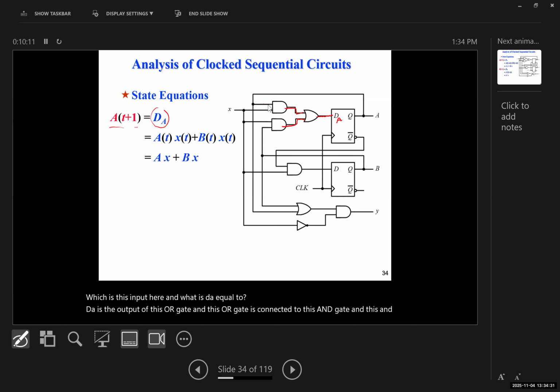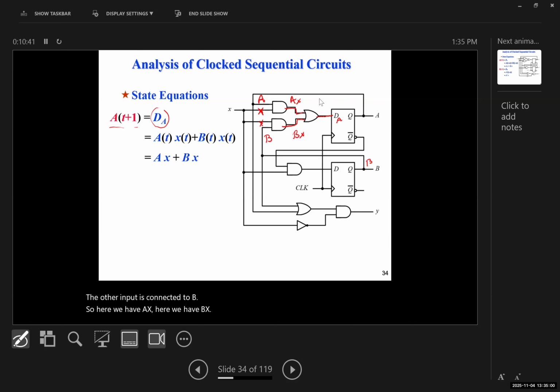Now, what is the input of this AND gate? One input is connected to A. The other input is connected to what? X. And what about the second AND gate? Again, this is X, and the other input is connected to B. So here we have AX, here we have BX.